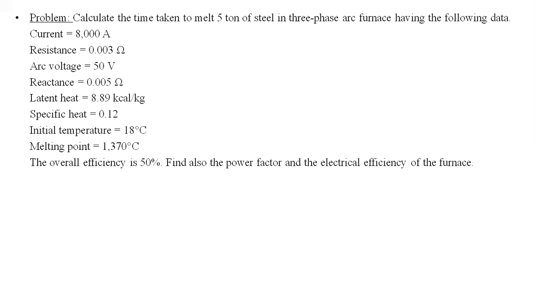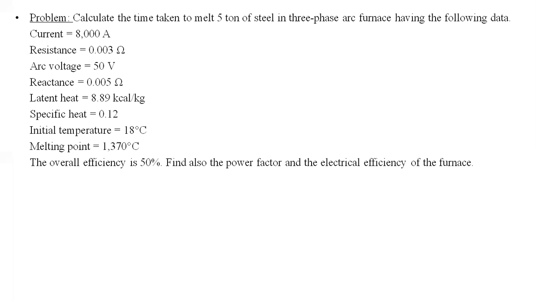After the production of heat through the arc, the melting point, the temperature at which the material is going to melt, is 1370 degrees centigrade. The overall efficiency by this process is 50%.